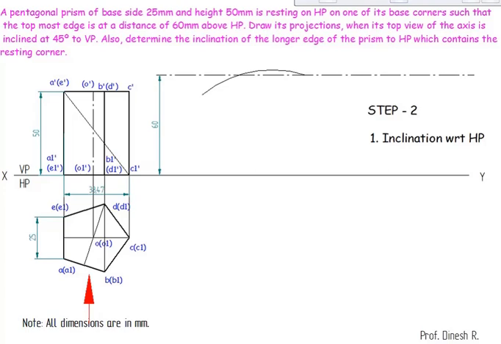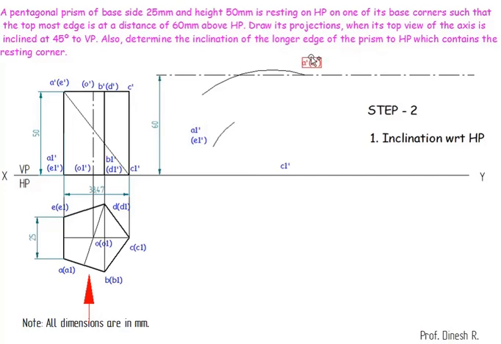I'll cut an arc from here. I'll cut a 38.47. I've taken it from here to here. Already I know this point, so this point is nothing but here. The point which I have cut here is this one.